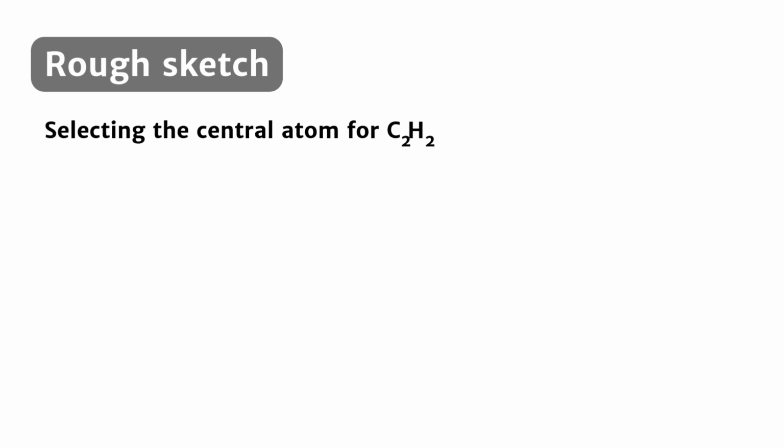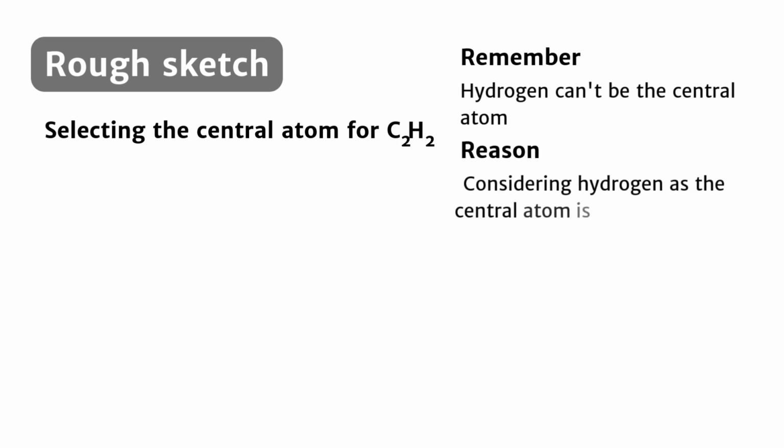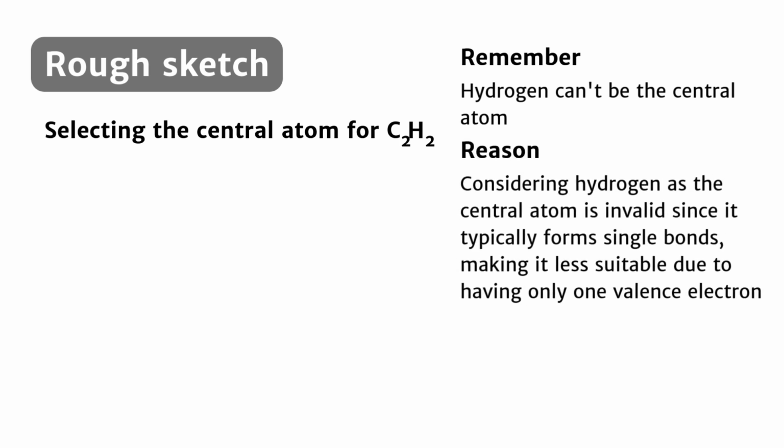To determine the central atom in C2H2, we consider placing the element with the lower electronegativity at the center. In C2H2, hydrogen cannot be the central atom, because the central atom typically forms bonds with at least 2 other atoms.